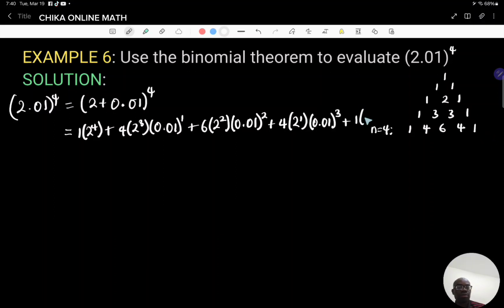So we have 1 times 2 to the power 0, so we can remove that, then 0.01 to the power 4.